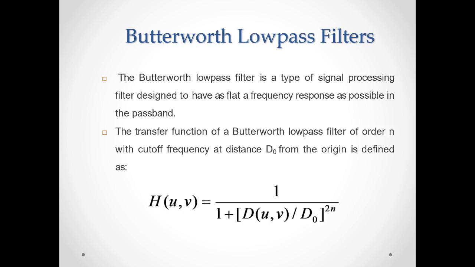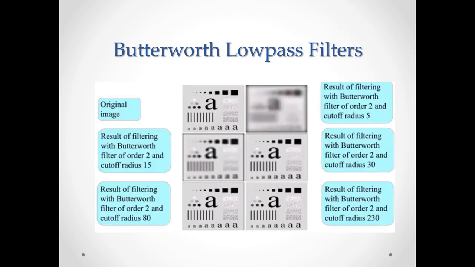And the Butterworth high pass filter transfer function can be given as h of u comma v is equal to 1 divided by 1 plus d naught divided by d of u comma v, whole to the power of 2n. Here the value of n varies from 0, 1, 2, 3, 4 and so on.